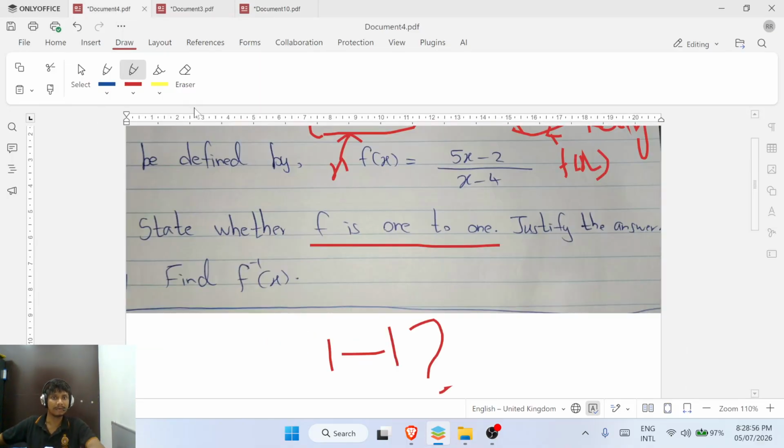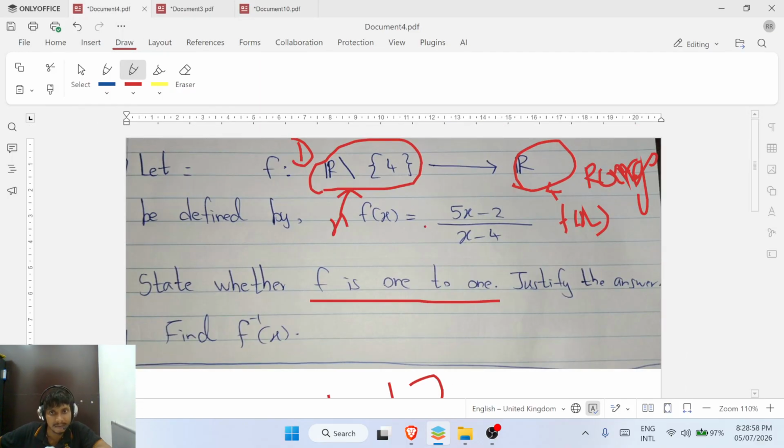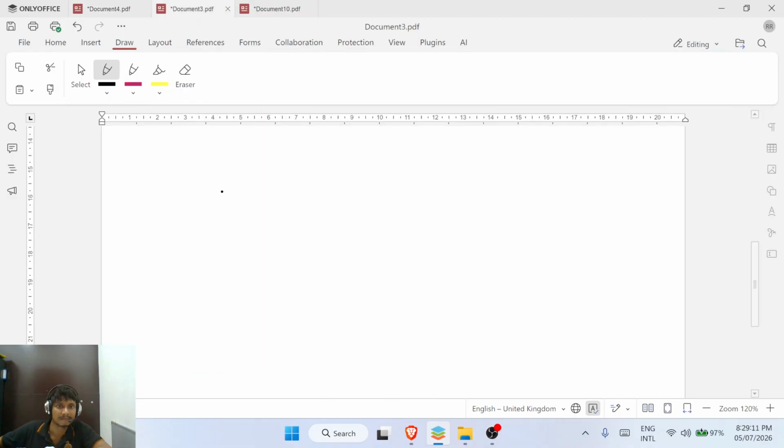Now they are asking about a function f of x equal to (5x minus 2) divided by (x minus 4). They are asking us to state whether f is a one-to-one function. How to find it?